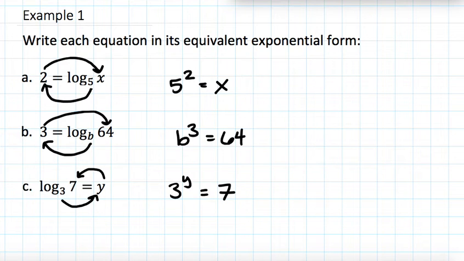Like in part A, I know that 5 squared is 25, but what they're asking you to do here is not solve anything, it's just to rewrite it in exponential form. So your answer should still have either variables or numbers in it. We're going to get to solving a little bit later, but for right now we're just rewriting, so you should have a base and exponent equals something in your answer.